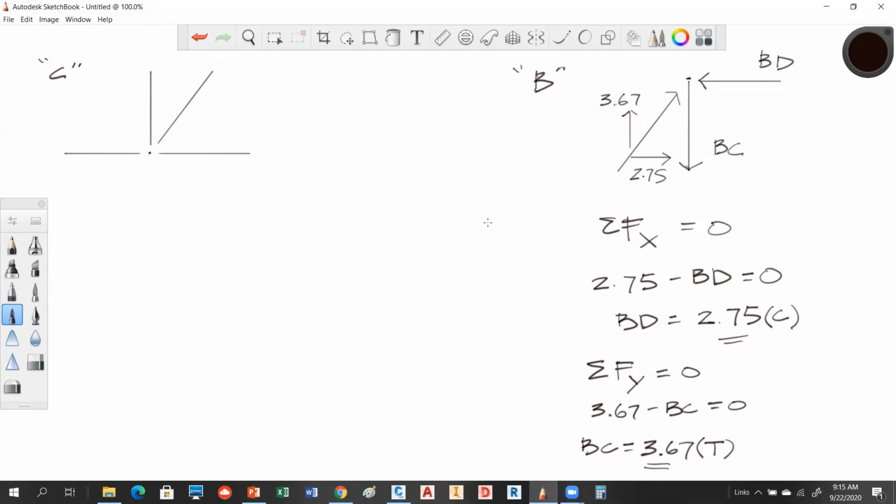But what we've got going on here, if we look over here, we know BC, which is this member. BC was in tension, so this has to also be tension. And we know the amount of tension, that was 3.67. Okay. What did we solve this member AC to be? You guys need to help me on that one. What was AC?